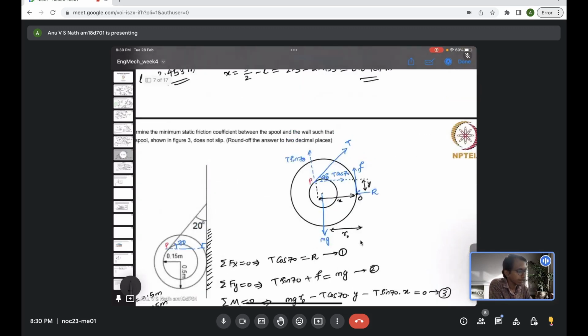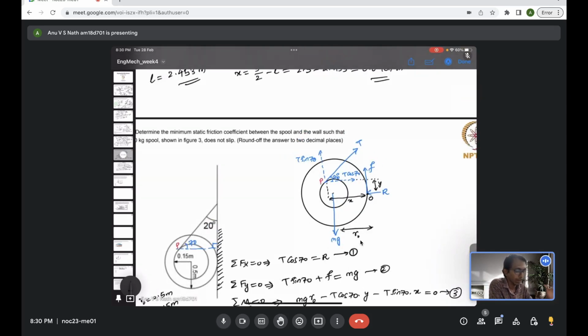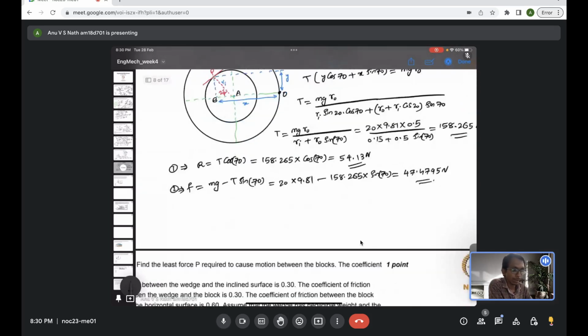Now for this to not slip, the friction should satisfy this relation: the friction should be at most the coefficient of static friction times the normal reaction. From this we can say the static friction coefficient should be at least F by R. So this is the minimum friction required for this to not slip.